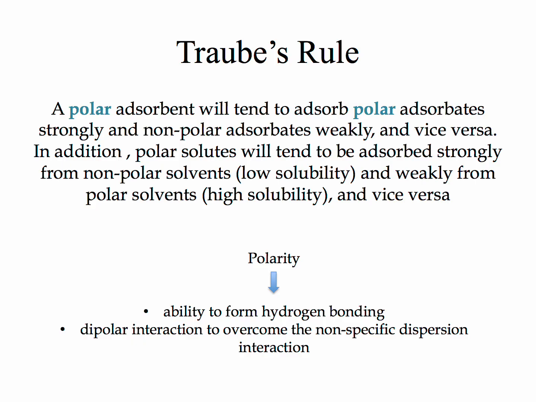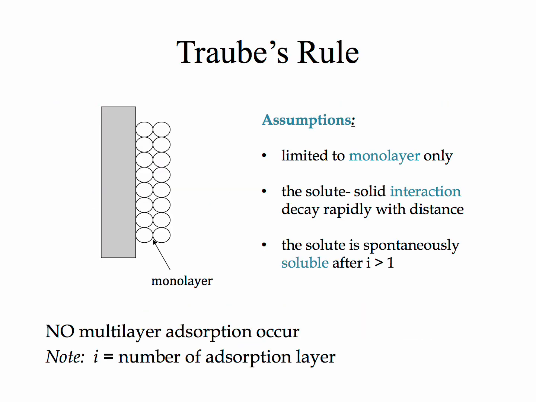So the key takeaway from Thorpe's rules is that absorption is strongest when the absorbent and absorbate have similar polarity and when the solute is less stable or less soluble in the solvent. When analyzing absorption behavior, always consider the polarity of the surface, the solute and the solvent, and these factors together determine the strength of absorption.